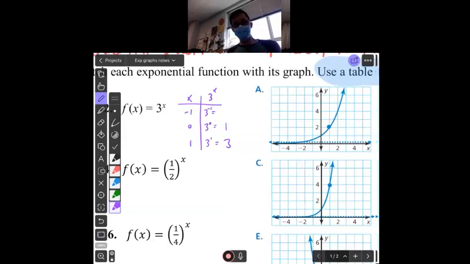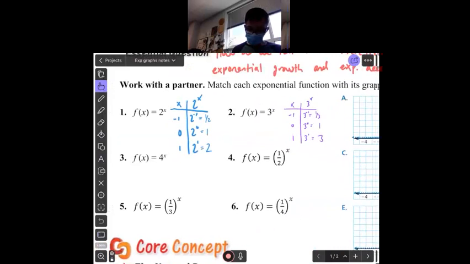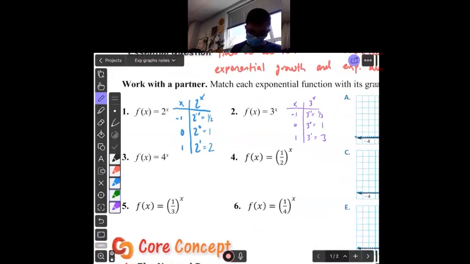And negative exponent, so 3 to the negative 1. 1/3, yep. Fraction. Let's do one more before we move over and see if we can pick out some graphs. Negative 1, 0, 1, 4 to the x. Of course, 4 to the first is 4, 4 to the 0 is 1, and 4 to the negative 1 is 1/4.